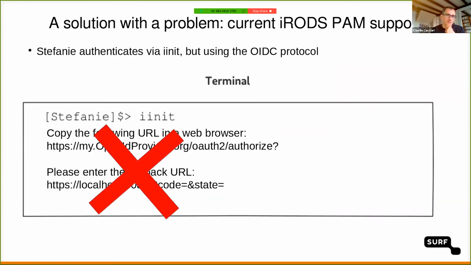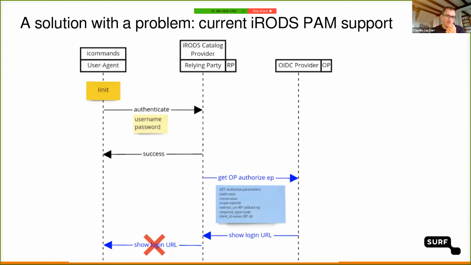So the problem that I mentioned about our approach is that at the moment, with the current iRODS configuration of the PAM module, it's not possible to send back to the client any challenge, any message. That does not work. Or in the sequence diagram, the login URL back from the iRODS catalog provider is not passing through.